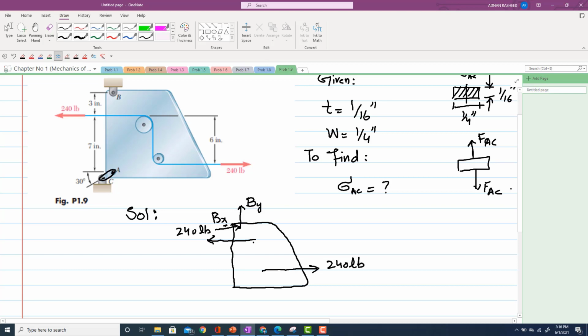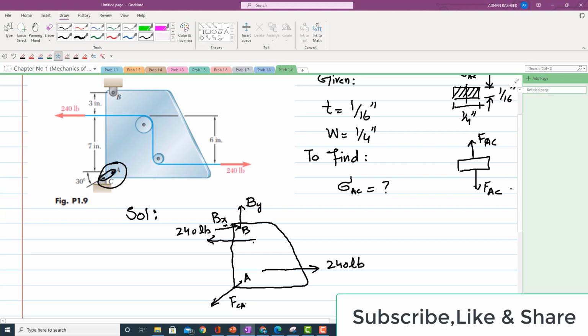Similarly, if you look at this link AC, there is a force. This is point A, this is point B, and this link is like that. So the link force FCA will be like this, and it is making an angle of 30 degrees with the horizontal.